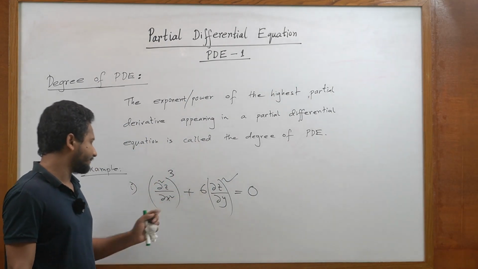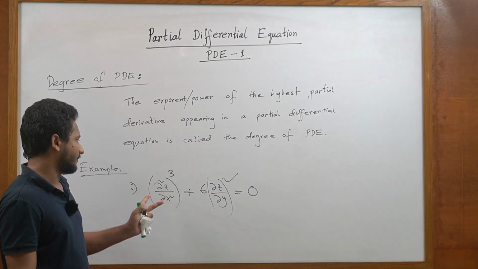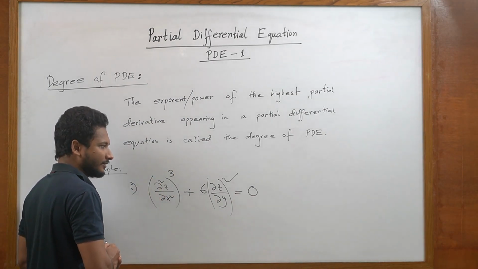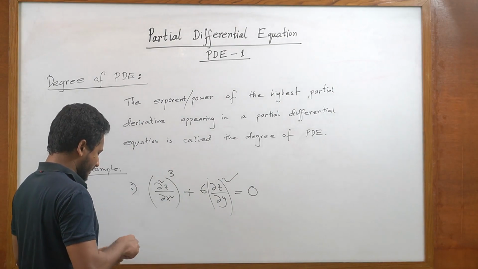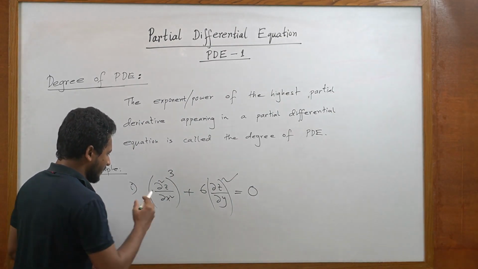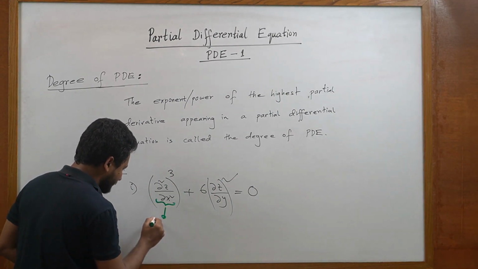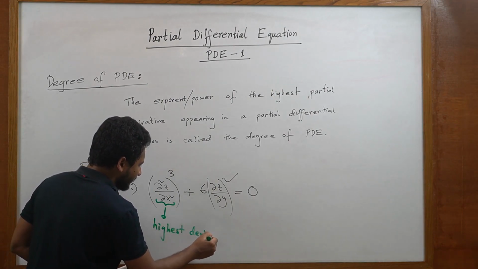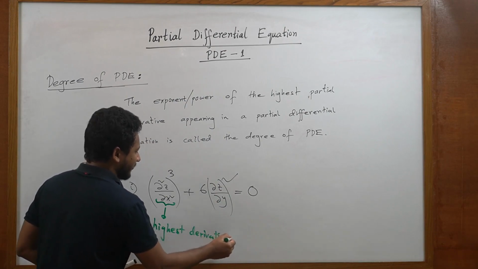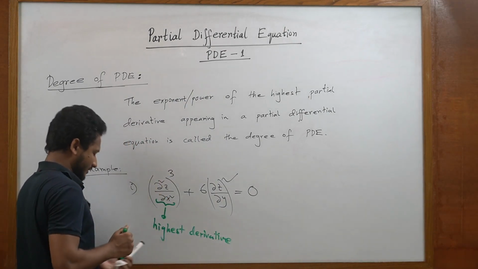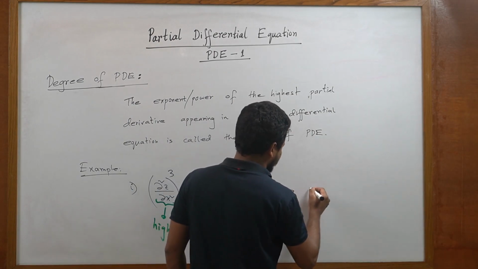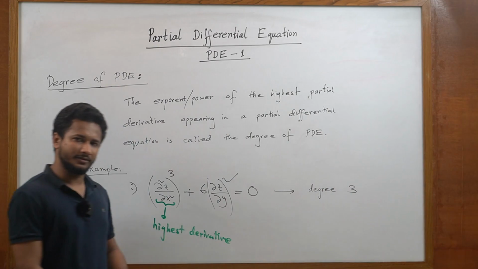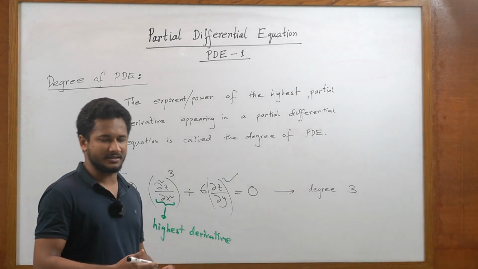So here the degree will be 3 because this is the highest derivative, and the power of this derivative is 3. So this equation's degree will be 3. The power of the highest partial derivative operator.